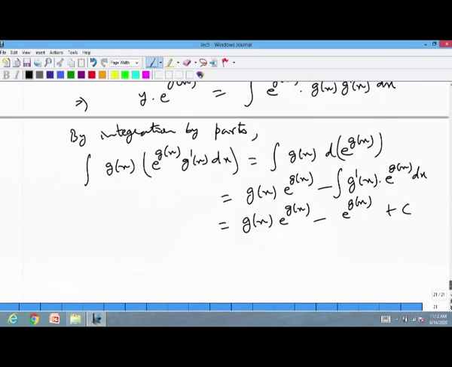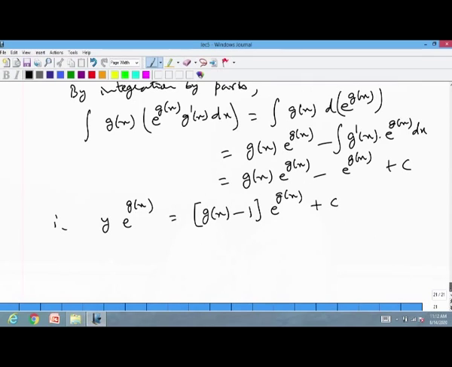So, therefore, we have y times e to the g(x) is equal to (g(x) minus 1) times e to the g(x) plus c, which implies y is equal to g(x) minus 1 plus c e to the minus g(x).